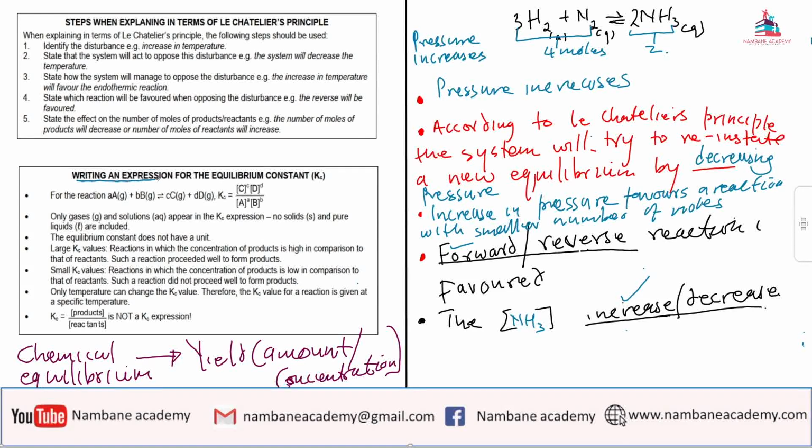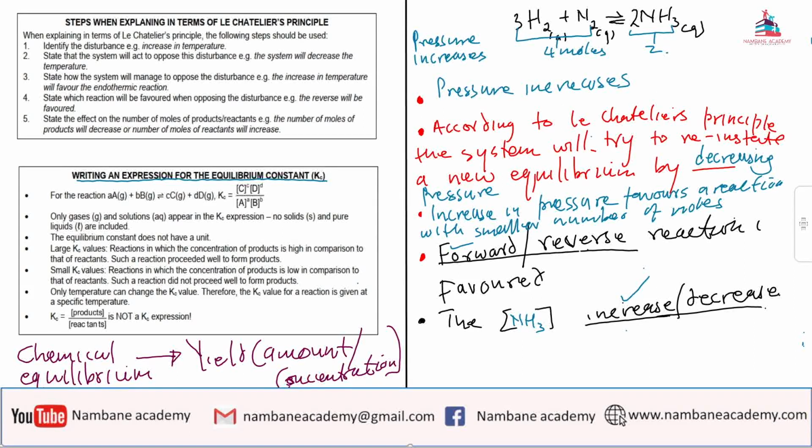Writing an expression for the chemical equilibrium Kc. It says only gases and solutions appear in the Kc expression. No solids and pure liquids are included. The equilibrium constant does not have an SI unit.